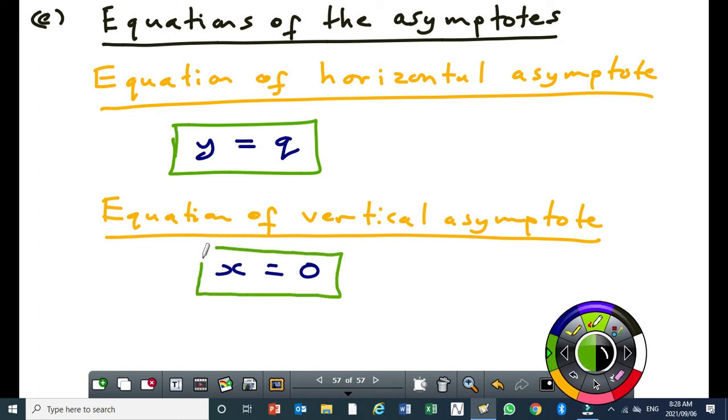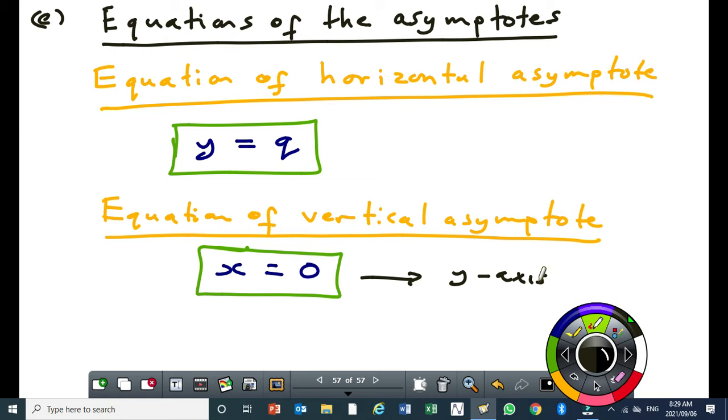Always, for this grade, it will be x equal to 0. Just to remind you, this is the y-axis. The y-axis is not an equation, but the y-axis itself has an equation, and that equation is x equal to 0. So if you're asked to write down the equation of the vertical asymptote, you can't say y-axis. You write x equal to 0.